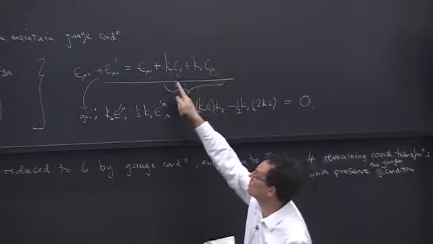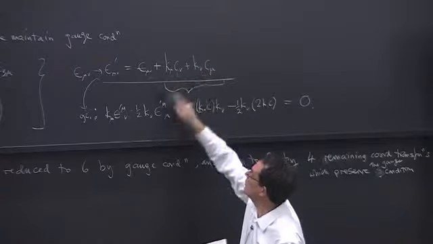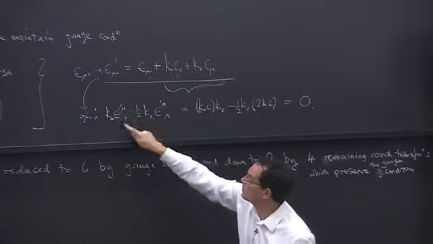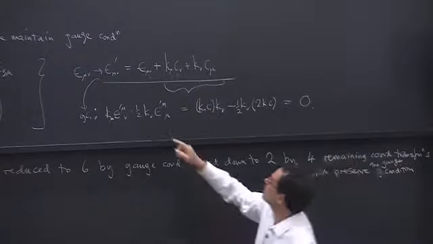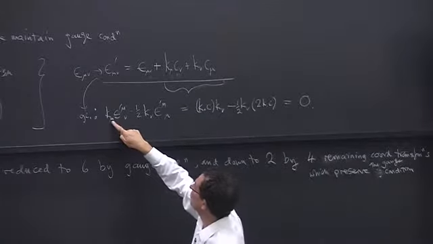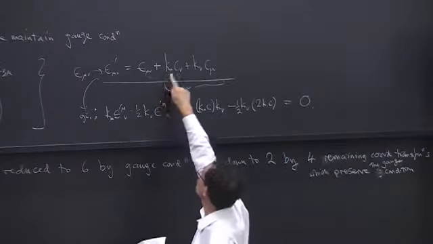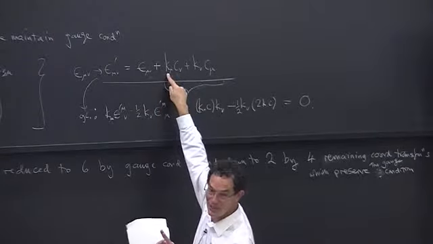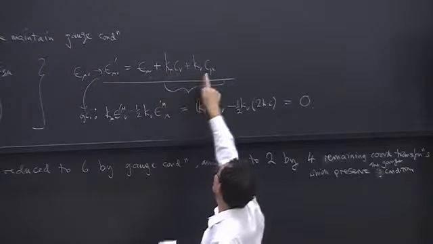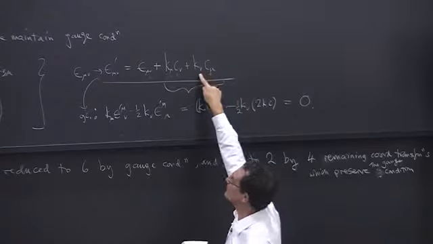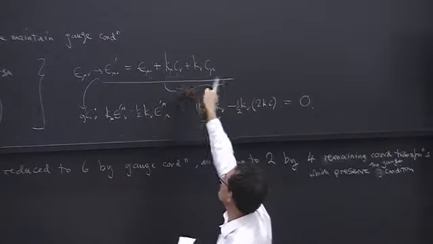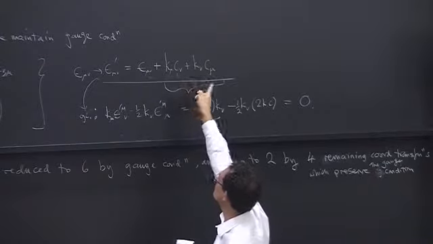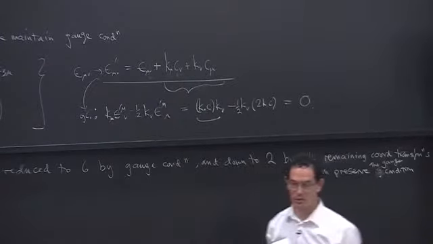The change in the gauge condition comes from here, but these terms precisely cancel between this one and that one. That's what happens, okay? So epsilon prime mu nu dotted with the k. First I got a k squared, but k squared is 0, okay? Then I got k dot c times k nu. That was this first term. And this term, I take the trace of this guy, the mu mu, and that gives me twice k dot c, and that exactly cancels.